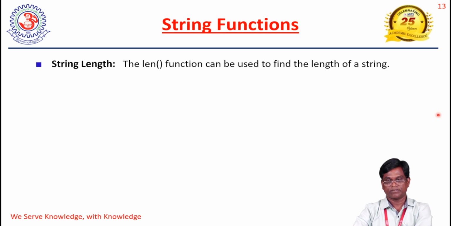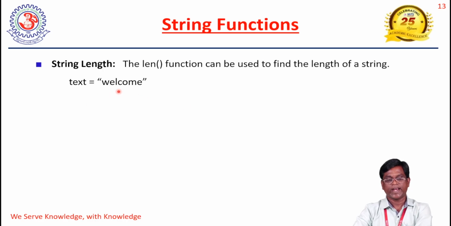So next we will move to string functions here. Many functions are available here. The important functions are represented here. First one, to find out the string length. If you want to find the length of the string, we have a function called len. By using this len function, I can find the length of that particular string. Let us see here, text is equal to welcome, as given.